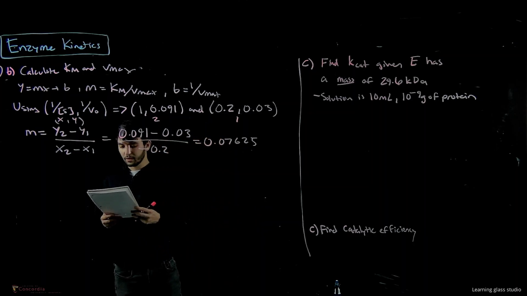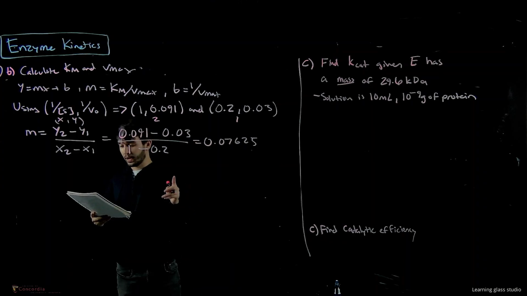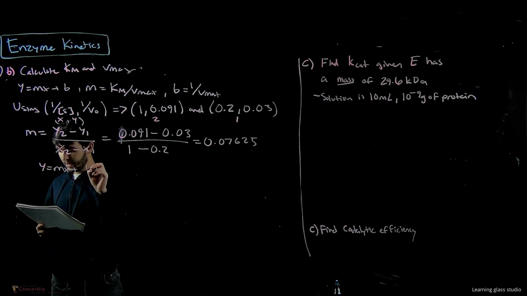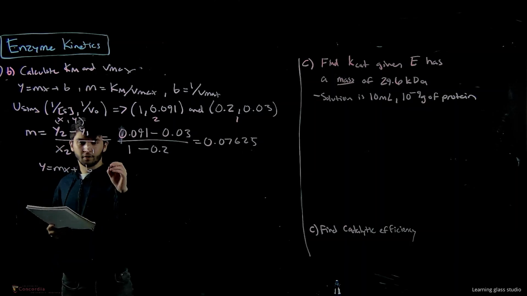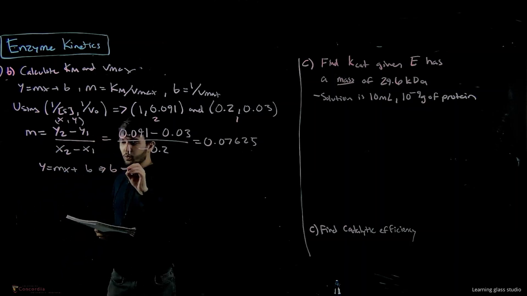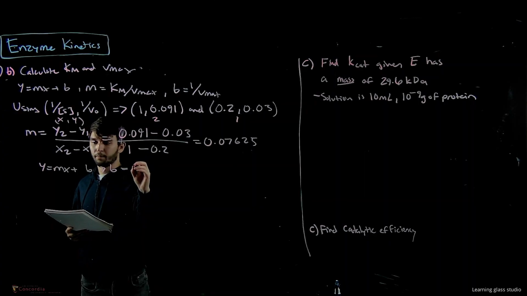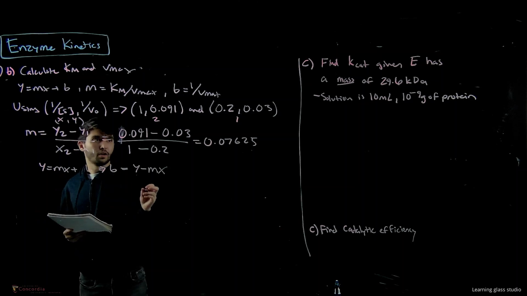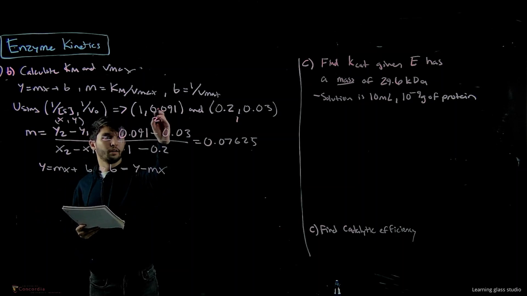So now we have the slope. The next thing to do, we have y equals mx plus b, and we want to solve for b. So b is equal to y minus mx. In this case, we are going to use this point, 1 comma 0.091.